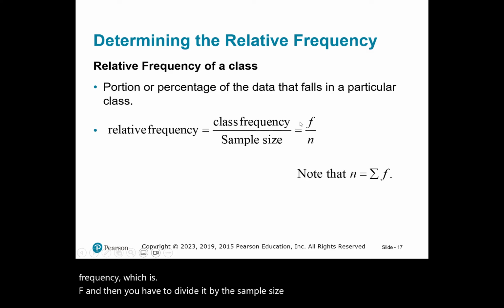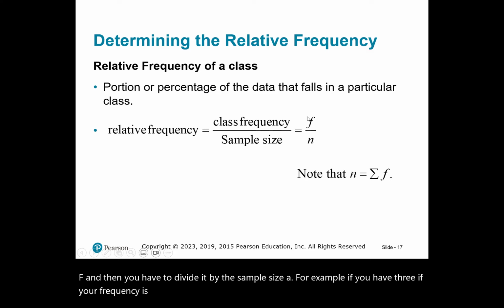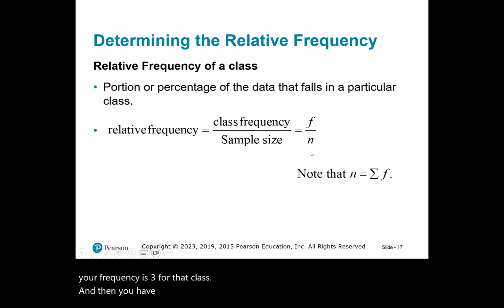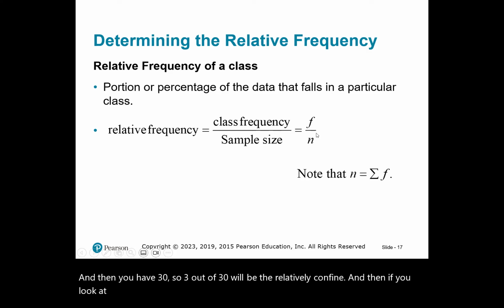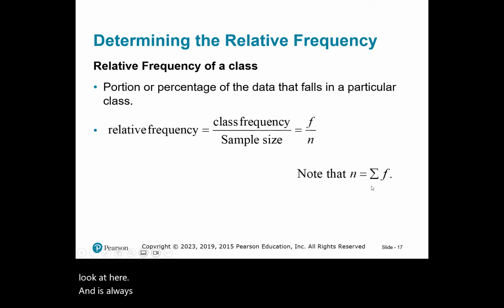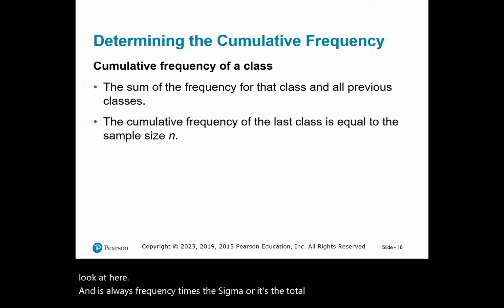For example, if your frequency is 3 for that class, and you have 30 in total, then 3 out of 30 will be the relative frequency. And n is always the sum of frequencies, the total of the frequencies.